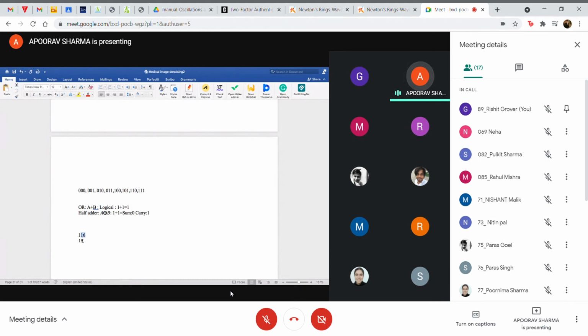So your 9 will now be subtracted from 16. Earlier it was from 6, but as you have taken a borrow, now it will be subtracted from 16. If you subtract 9 from 16, it's 7. Your answer will be 7.